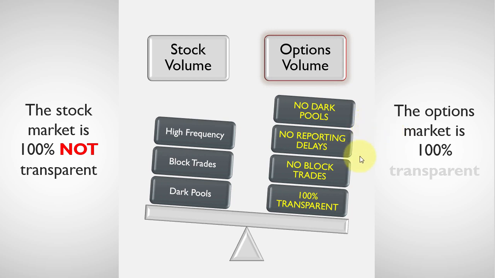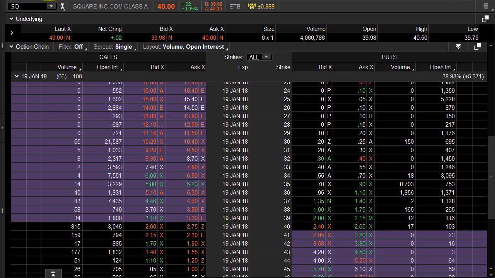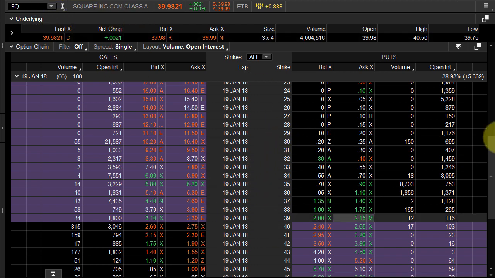It's 100% transparent. As a matter of fact, the options market has something called the NBBO. That's the National Best Bid and Offer. So if there's 10 different options exchanges, and let's say for Microsoft, here, let me open up an options trade. This will be easier to explain. National Best Bid and Offer, last trade $40.